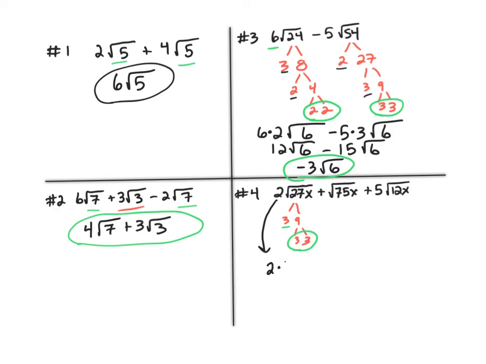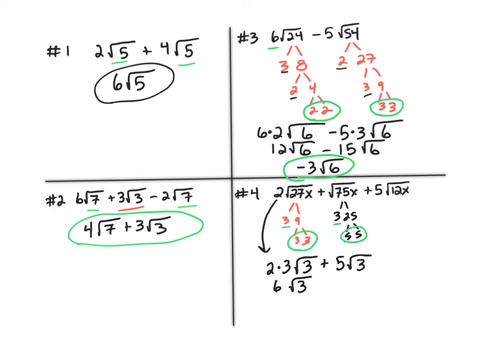So I have 2 times 3 and then square root of 3, which gives me 6 square roots of 3. Plus 75 is 3 and 25. 25 is 5 and 5. So I have a pair of 5's, and then I have this 3 left over. There's a 1 on the outside of the radical, so I don't need to include that because 1 times 5 is just going to be 5. So 5 moves to the outside, 3 stays on the inside.